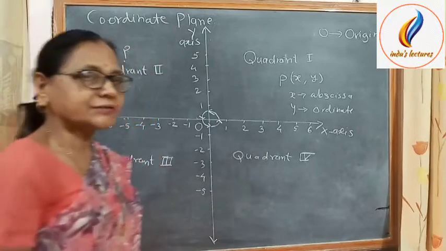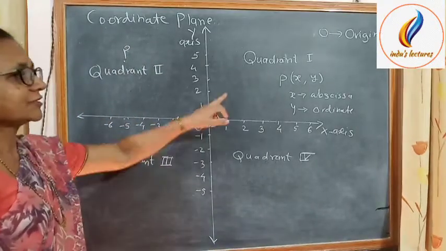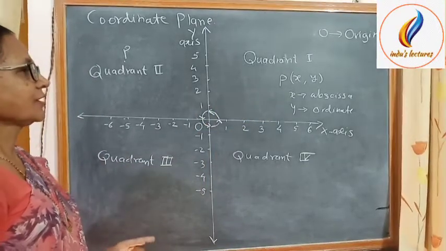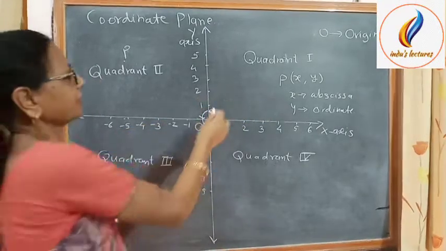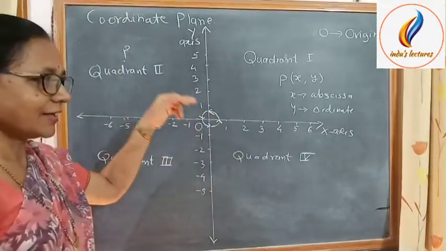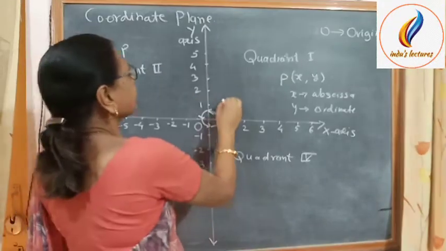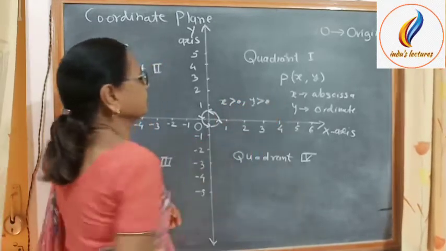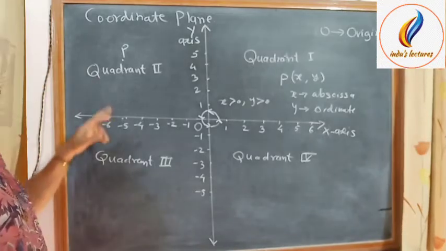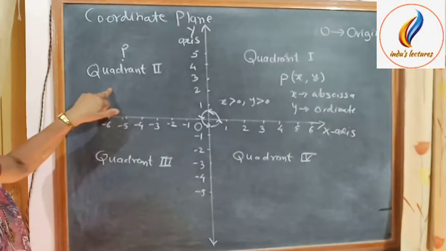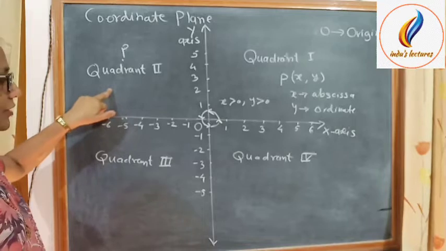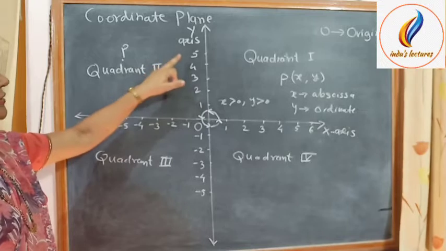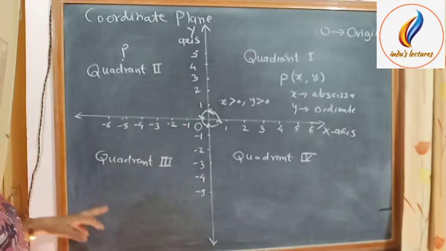Now if we consider a point in the first quadrant, say P(x, y), then in the first quadrant x is positive and y is also positive. So we can write x is greater than 0 and y is also greater than 0. Again, if we consider a point in the second quadrant, then x has negative values and y has positive values.